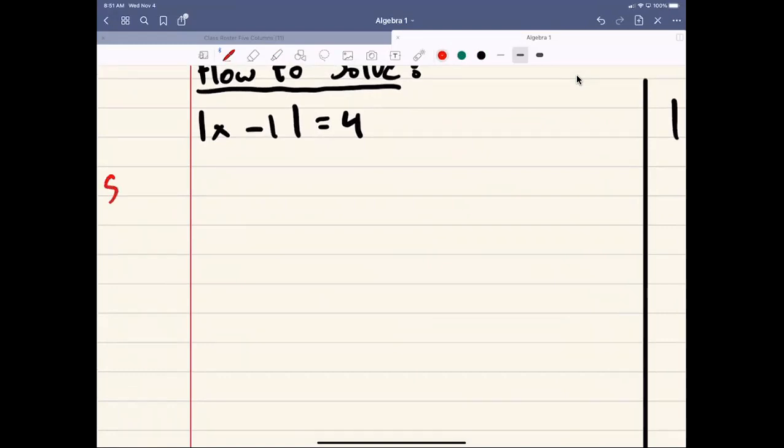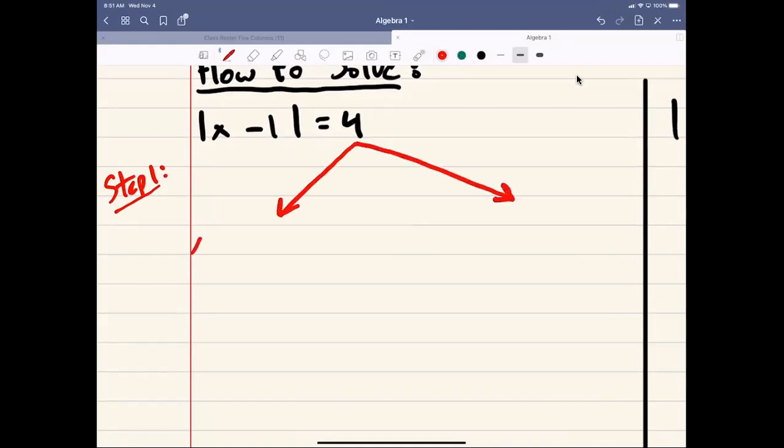So step one, and this is the interesting part about absolute value: you actually have to split this problem up. You're going to rewrite the problem like this and like this.